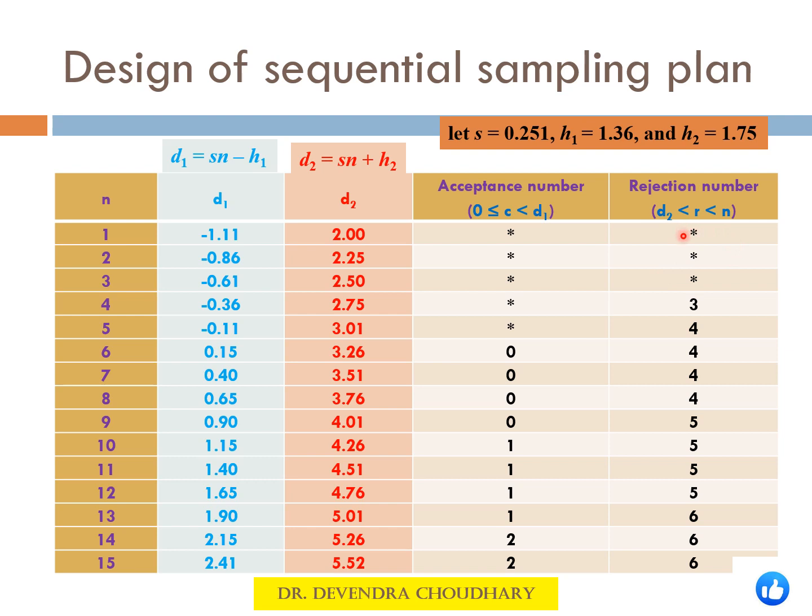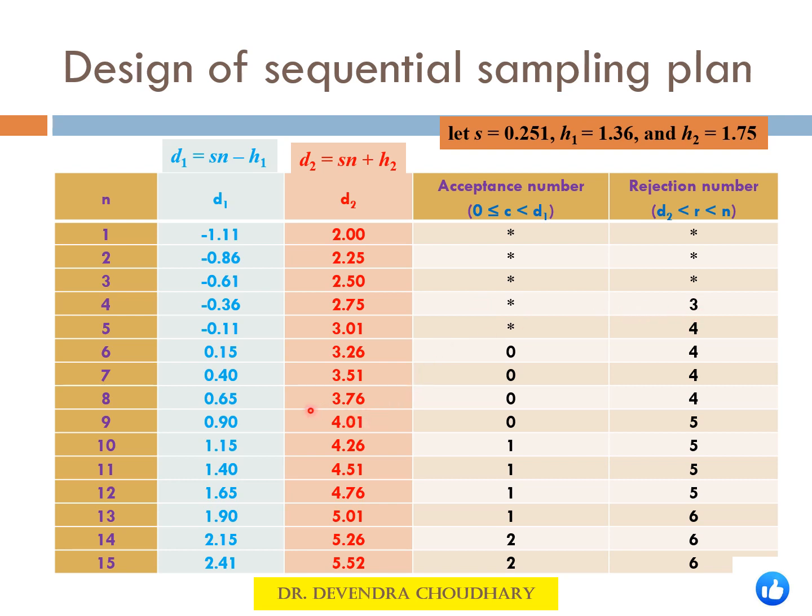So we put a star here. Similarly, the nearest whole number would be 3, but 3 is not less than 2. So we put a star here. And here 3, but it is again not less than 3. So we put a star here. Here the nearest whole number is 3 and it's smaller than 4. So we put 3 here.